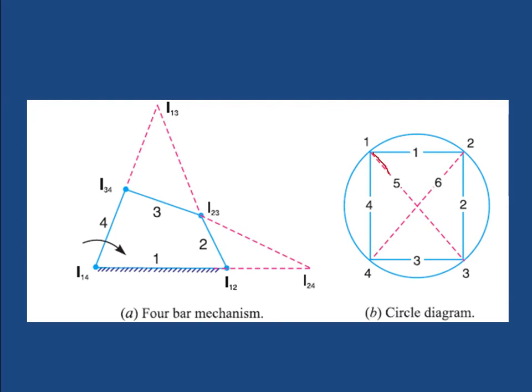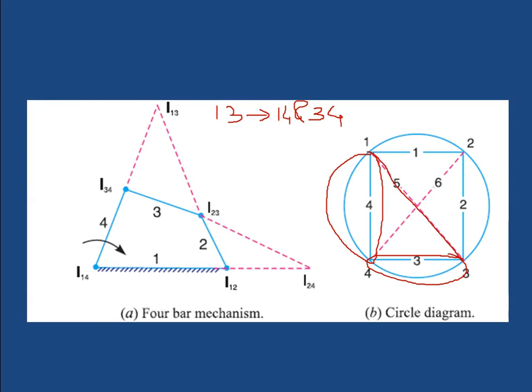If you want to get this 1, 3 now, it will be the combination of 1, 4 and 3, 4, right? On one side of the diagonal, the combination of 1, 3 gives 1, 4 and 3, 4.